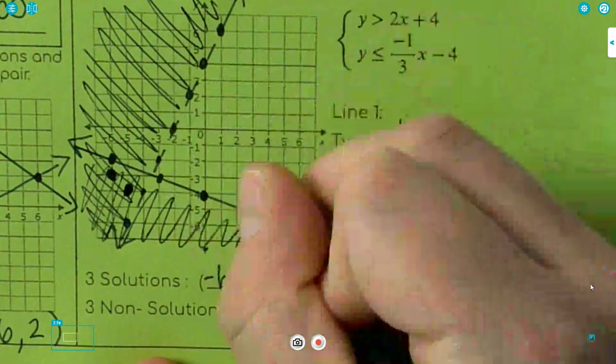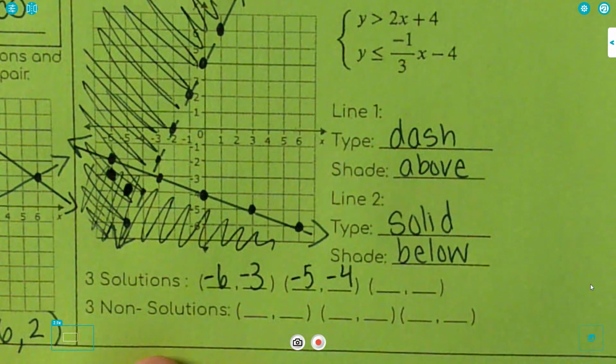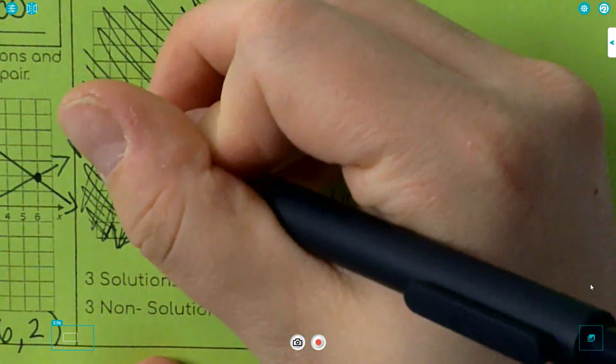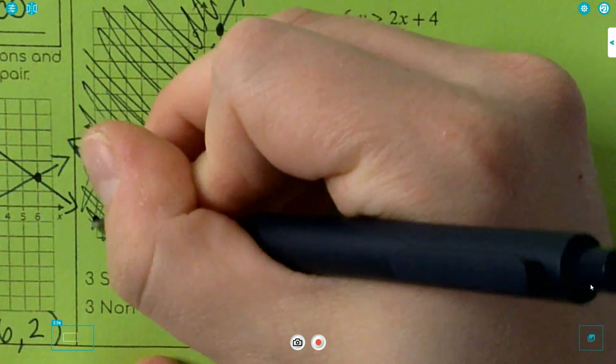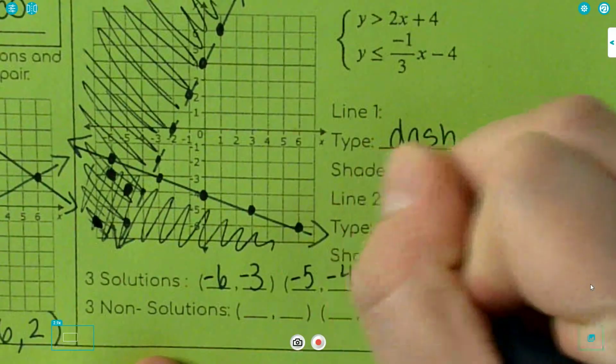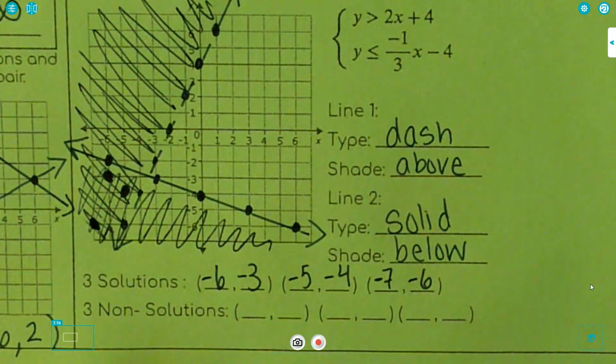That's a solution. Okay. What's one more? Negative 7, negative what? Negative 7, negative 6. I agree. Awesome. So, any 3 points in that double shaded area.